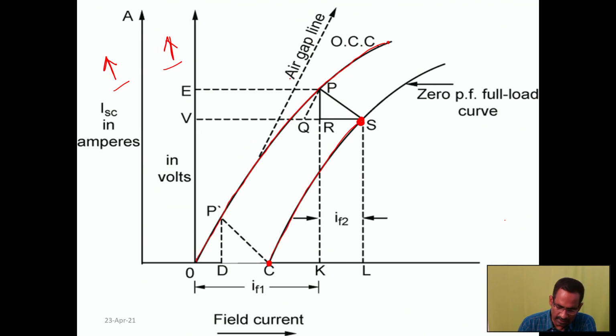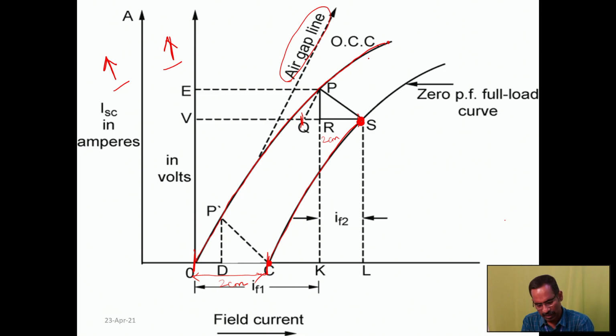This tangent is called the air gap line. Then I will draw the horizontal line from the point S. The length of this S and Q must be equal to this O and C. For example, if I am getting 2 centimeter here, I will draw this for the 2 centimeter. Then I will draw the parallel line from this tangent.